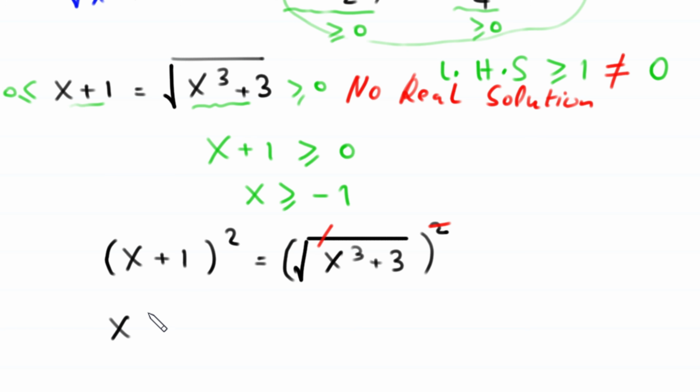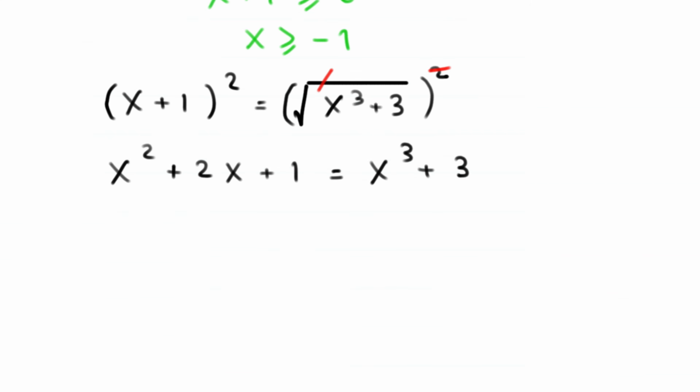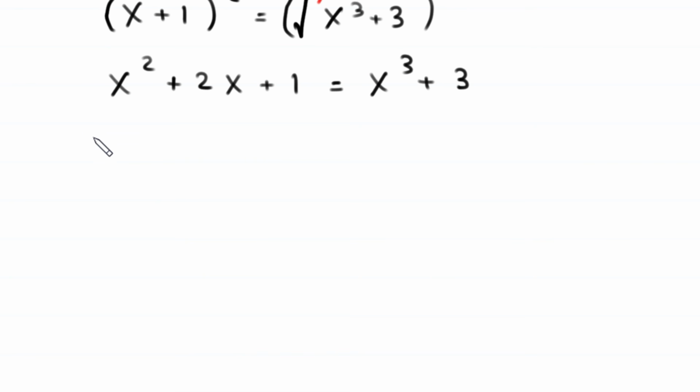This will become x squared plus 2 times x plus 1 equal to, at right hand side we are left with x cubed plus 3. Move these three terms to the right hand side. The equation will become x cubed minus x squared minus 2 times x plus 3 minus 1 equal to 0.